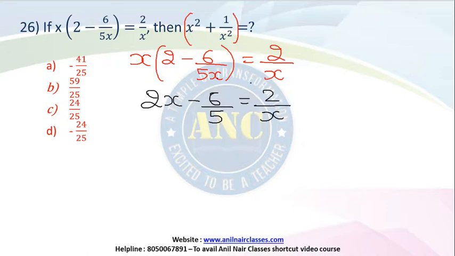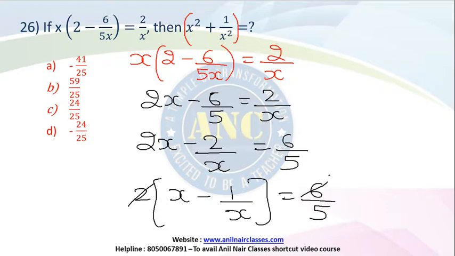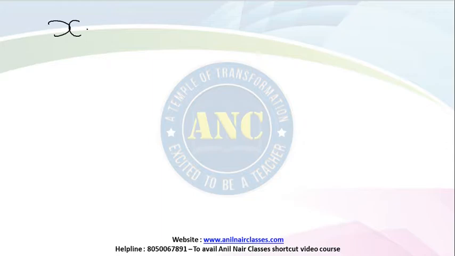Shift this 2 by x to the left hand side, 6 by 5 to the right hand side. 2x minus 2 by x is equal to 6 by 5. 2 is a common factor, so this becomes x minus 1 by x is equal to 6 by 5. 2 into 1, 2 into 3. That means we are left with x minus 1 by x is equal to 3 by 5. This is what we are left with.